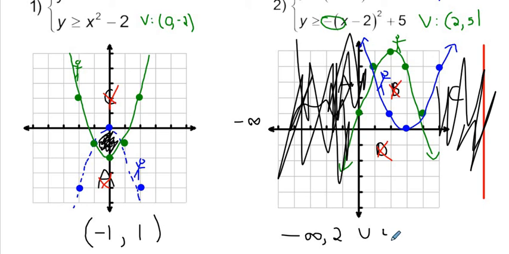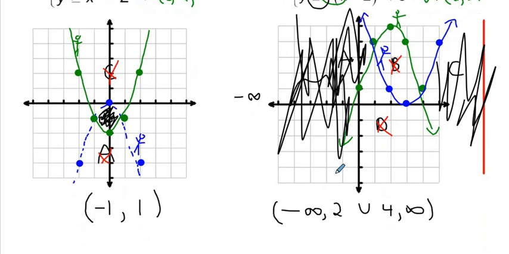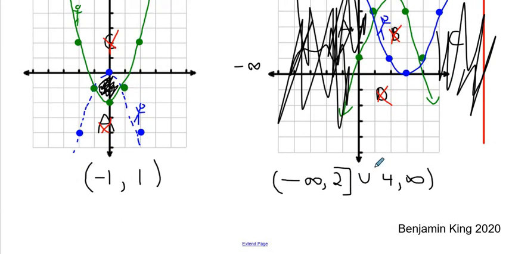So from 4, not this point, but that point, to infinity. Infinities always get parentheses, but then the numbers, do you see how these both have equal signs? We have solid lines, so these would be brackets. And the only time you use a bracket is if both lines are solid.